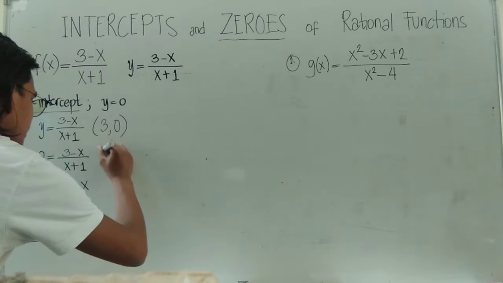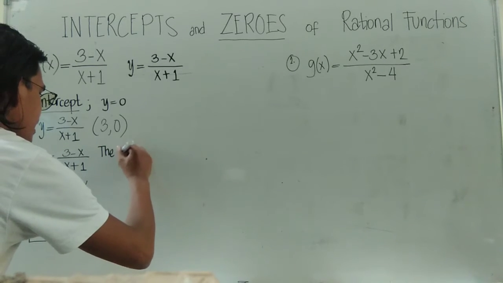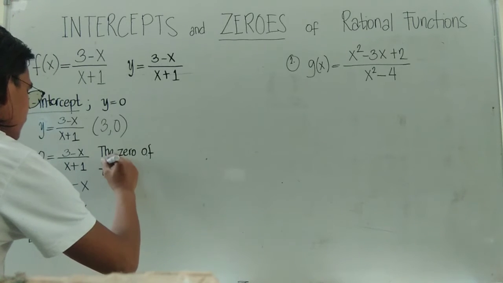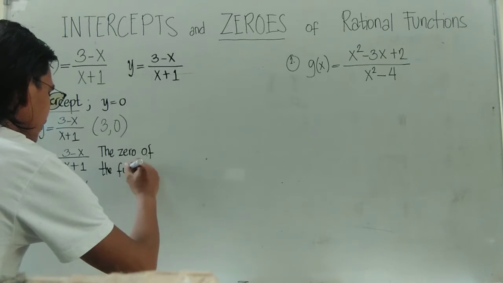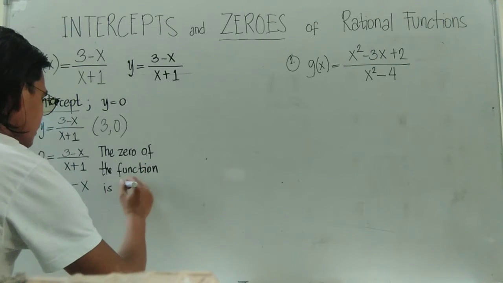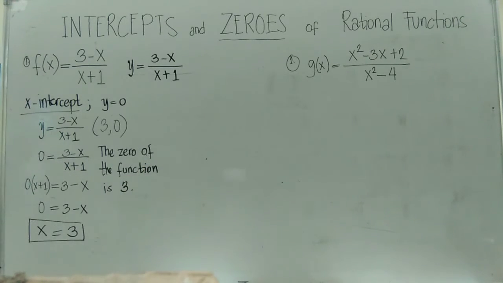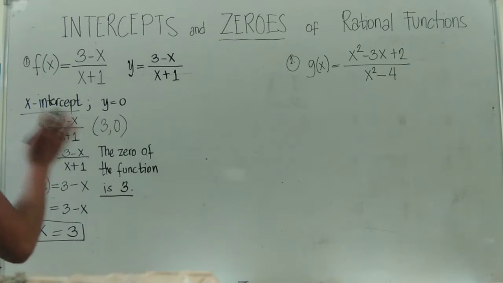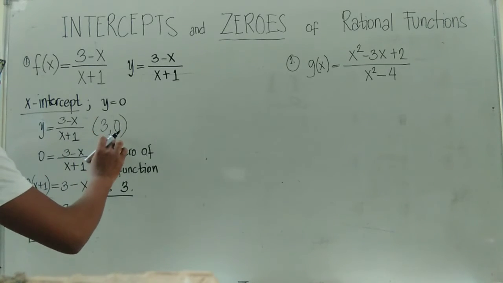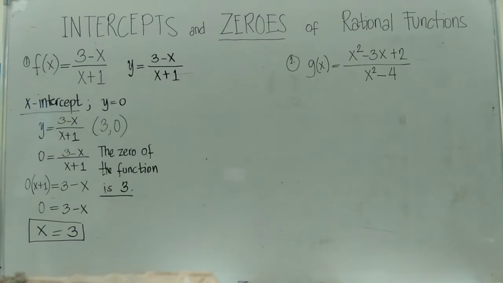Then the zero of the function is 3. Okay? So the root of the function is 3, but your x-intercept is at point 3, 0.